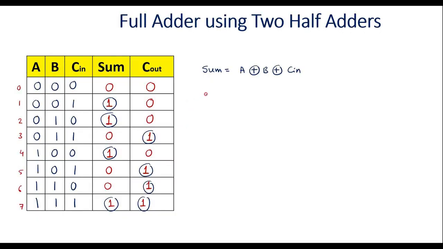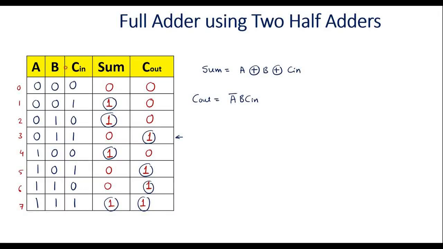So now instead of using the simplified Cout expression, directly I will write the Cout expression from this truth table. That is, Cout is equal to, so consider the rows where there is 1. So here we have 1. The corresponding inputs are A is 0, B is 1 and C is 1. It can be represented as A bar, B, Cin. If there is 0, we have to take the complement of the variable.